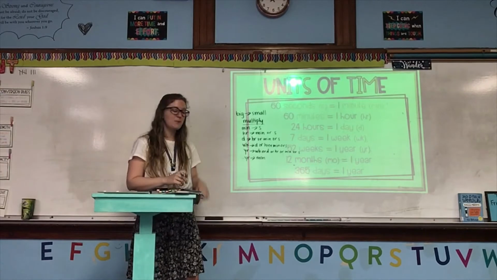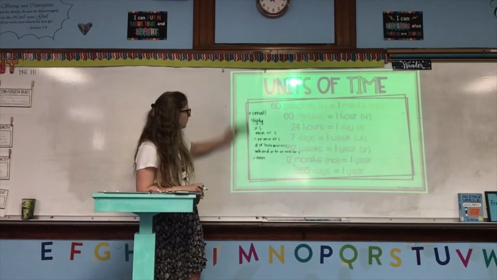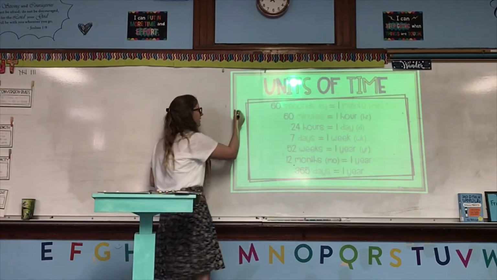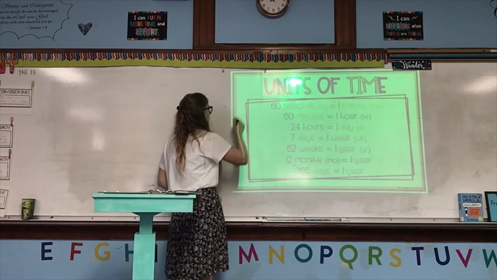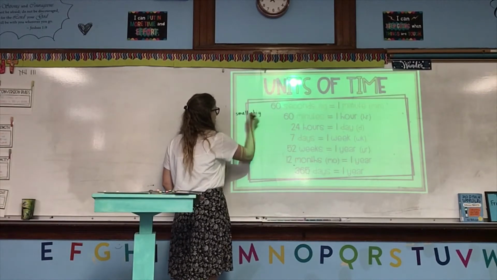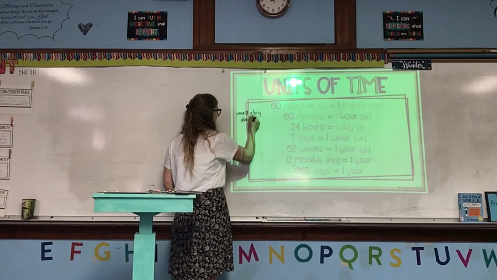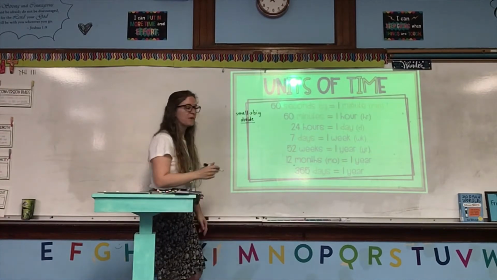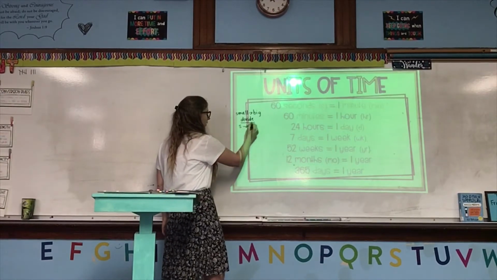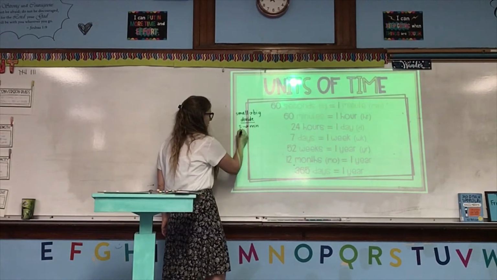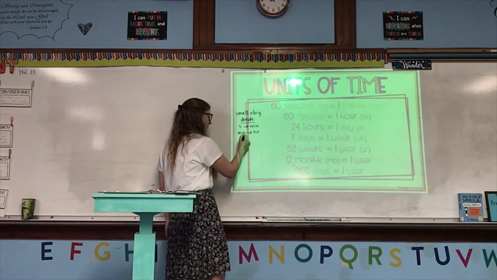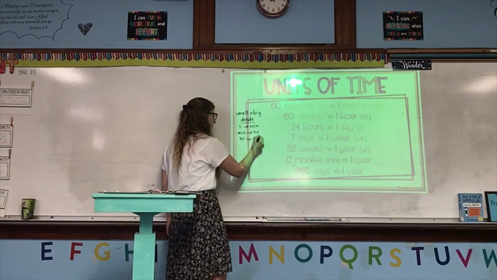If you are going the opposite direction, which means you are going from small to big, you divide. So, if you're going from seconds to minutes, minutes to hours, hours to days.